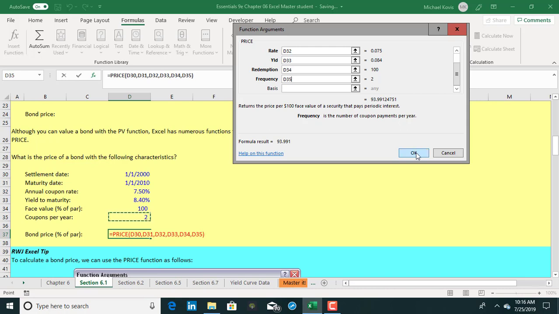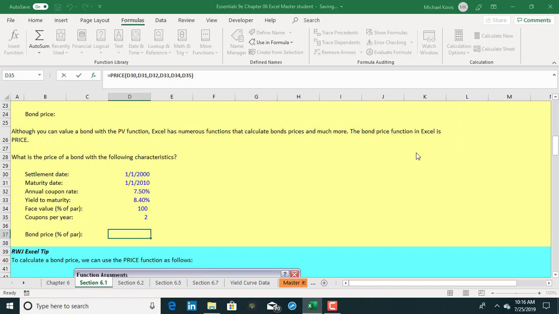And we click OK, and our bond is trading at 93.991% of par value.